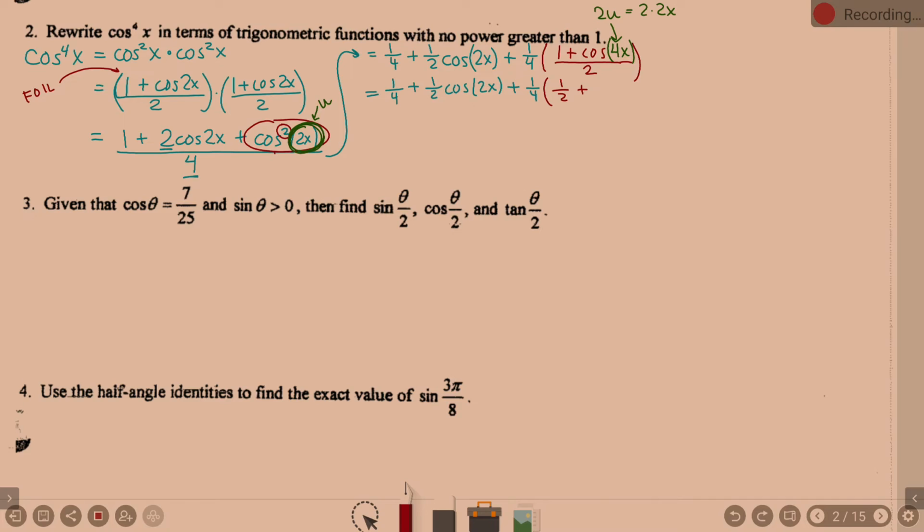Cosine 4x over 2, or if we put that 2 out front as a denominator, it's 1/2 cosine 4x. And what I'm trying to do is match this up with everything else here. Everything else has the fraction out front.